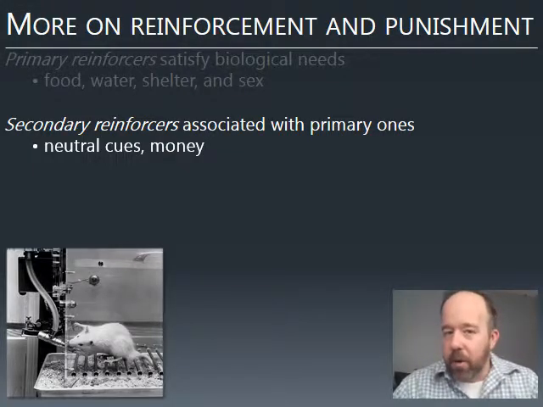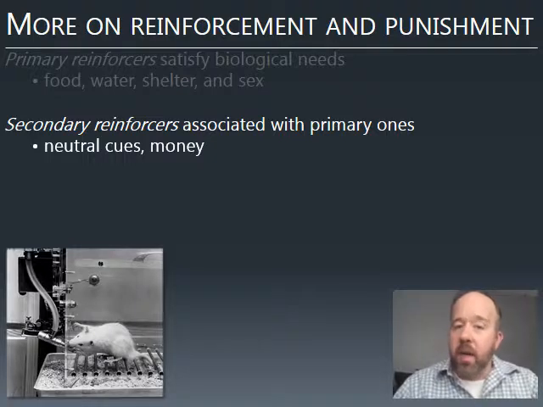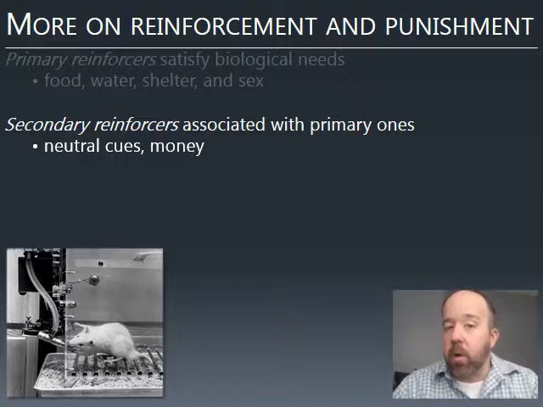Money, for humans, is a good secondary reinforcer. Now, there's nothing biologically useful about money. You can't eat it, you can't drink it. It's just little green rectangles. And so there's nothing inherently worthwhile about exerting effort in exchange for money. However, what money does is it becomes associated with the things that you actually need or want, especially those primary reinforcers.